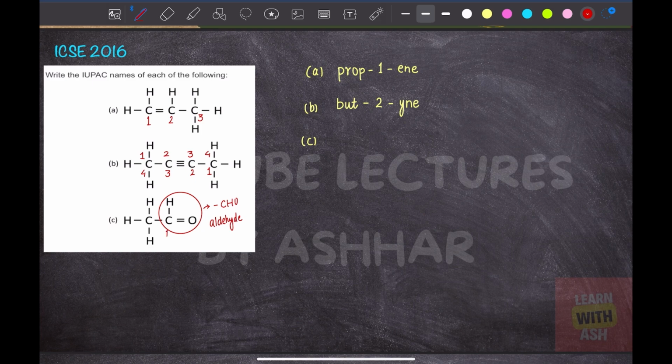So this is first, this is second. So what will be my answer? Since there are 2 carbons, ethane, followed by the wording for this functional group, we use al for this. So my answer will be ethanal.